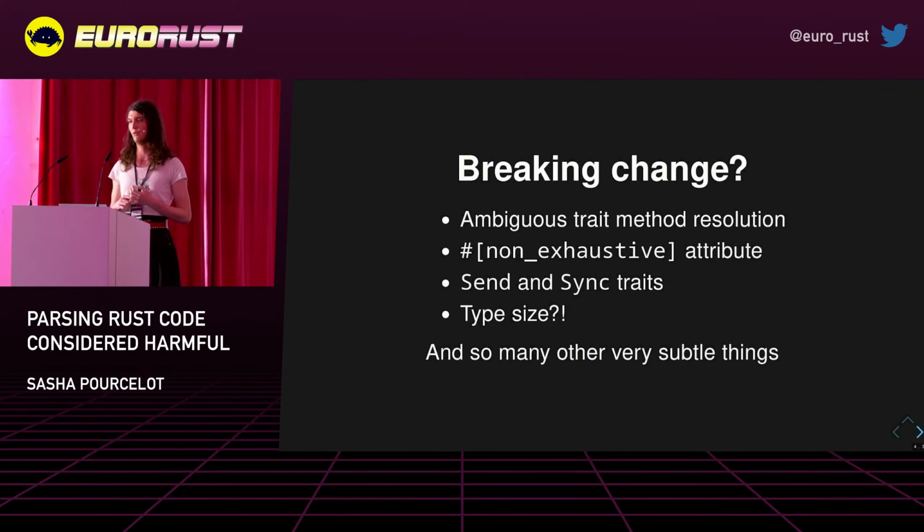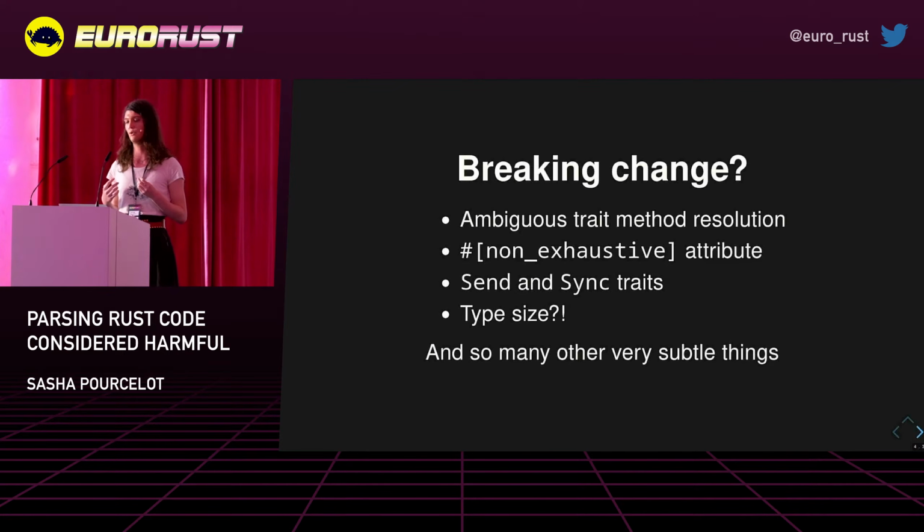Also, we have a way now to add custom variants to enums thanks to the non_exhaustive attribute. We can also add fields to structs, which is very great, and this is something we must take into account when dealing with breaking changes.